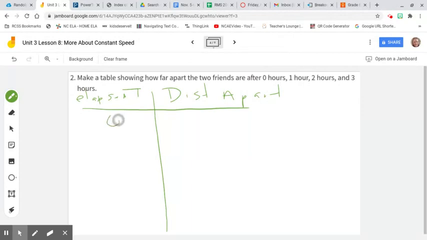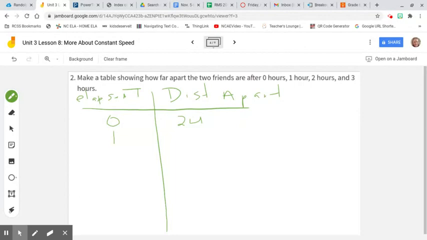So with no time having elapsed, they're 24 miles apart. Okay. So after 1 hour, how far apart will they be?